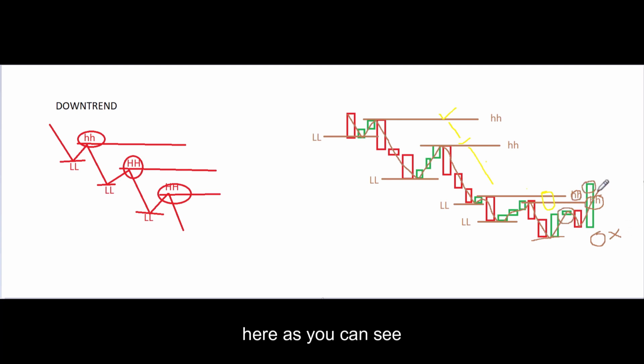As you can see, this was a higher high, this was a higher high, then this was a higher high, and then the last higher high crossed to here.